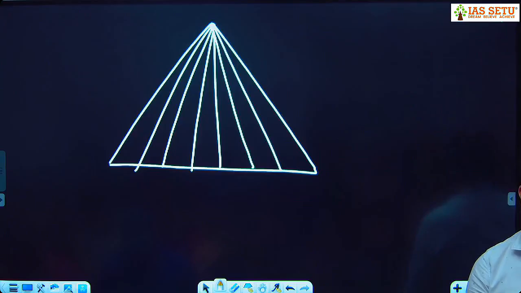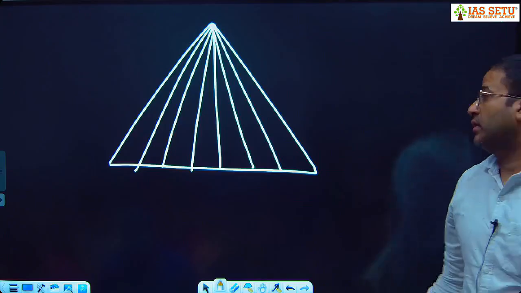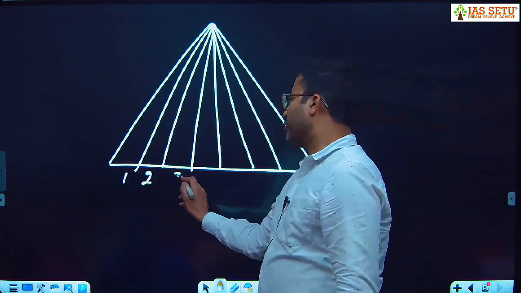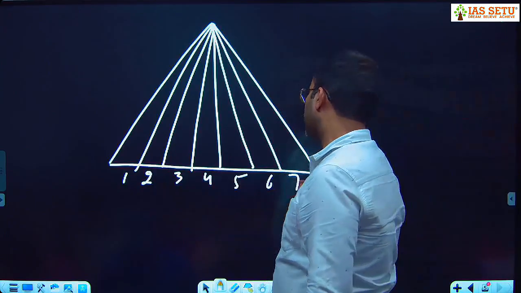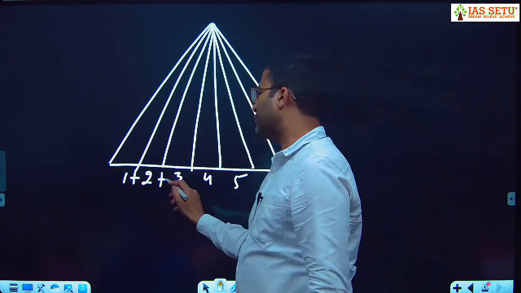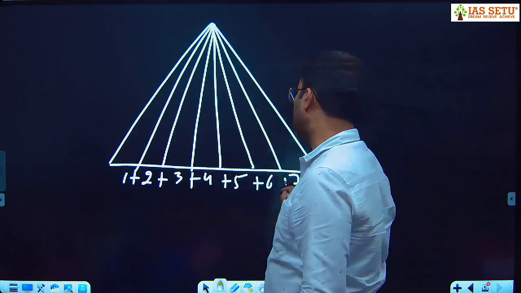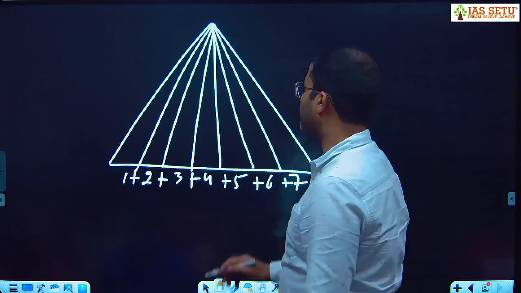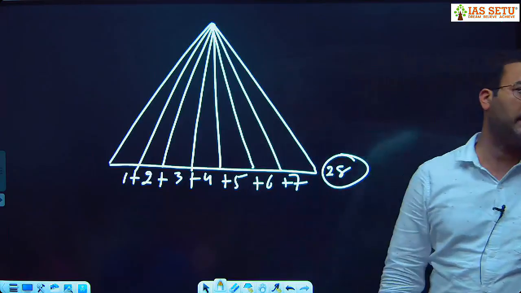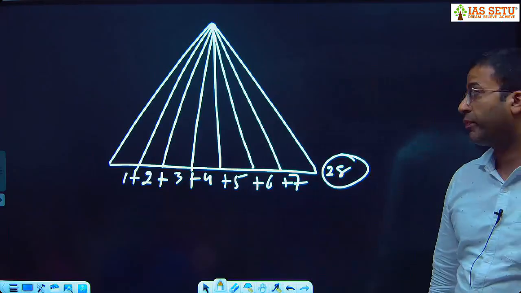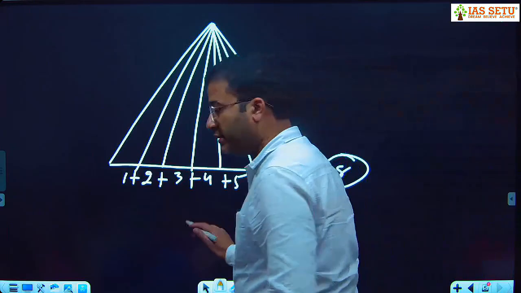What is your answer? 1, 2, 3, 4, 5, 6, 7. 1 plus 2 is 3, 6, 10, 15, 21, 28. So in this given figure, how many total triangles are there? 28. Okay, type 1 clear.